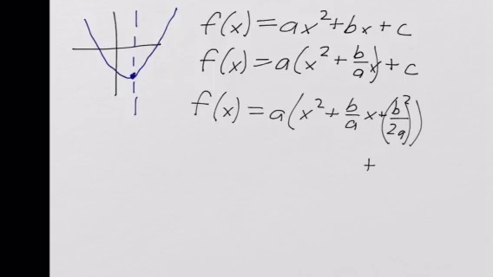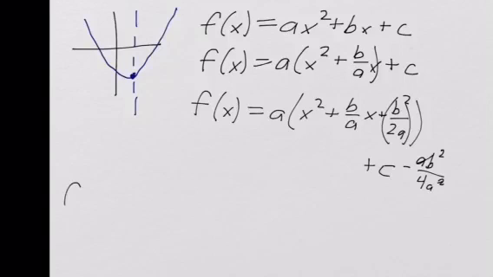And then we have plus c, but we've got to subtract off what we added. So minus, and this time I will need to square it. a b squared over 4a squared. But a factor of a cancels out.